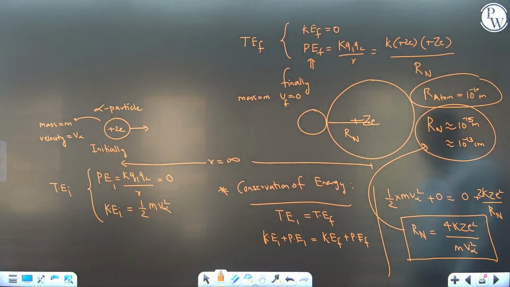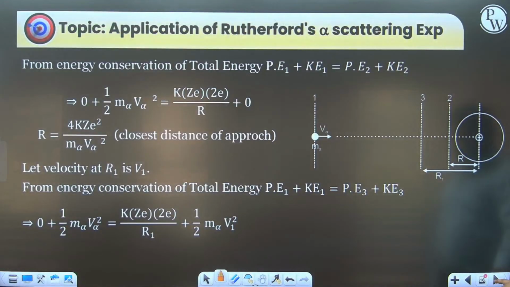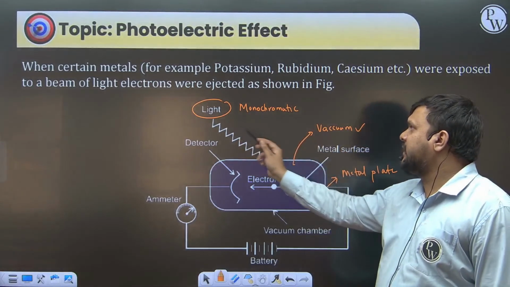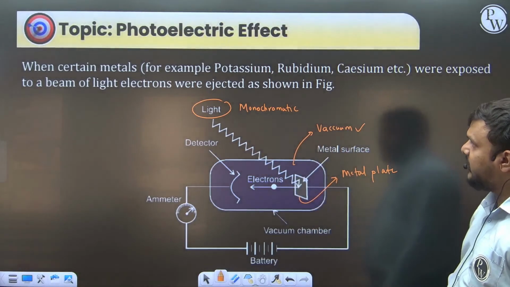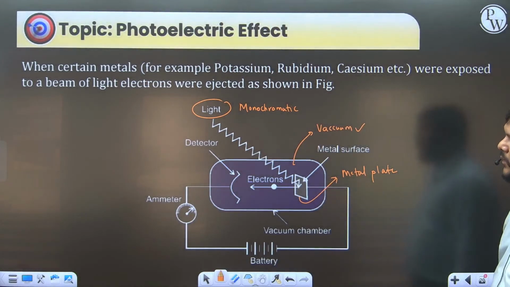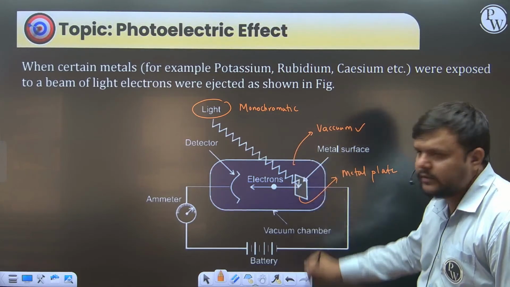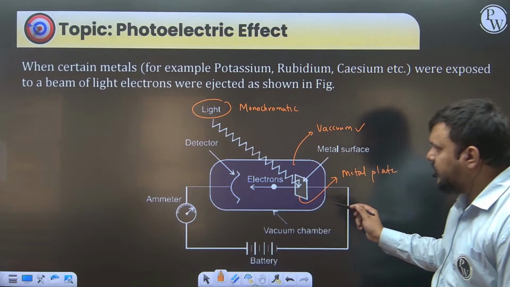That is the application part of Rutherford's alpha scattering experiment. Now, light is getting incident on this metal plate. We will have potassium, rubidium, cesium like metal plates over here, and this monochromatic light is incident on this metal plate.